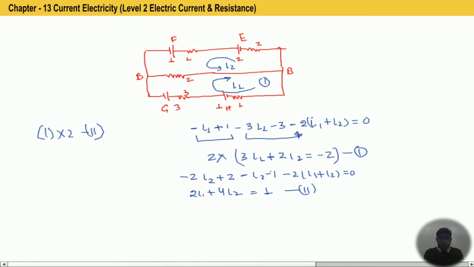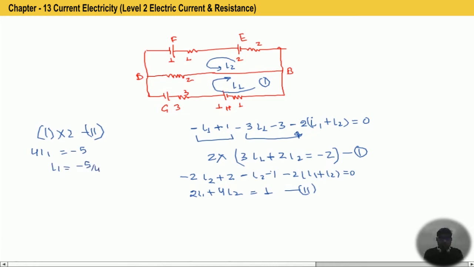So from here we'll get 6I1 minus 2I1, that is 4I1. I2 will be cancelled out. Minus 4 minus 1, which is minus 5. So I1 is minus 5 by 4.